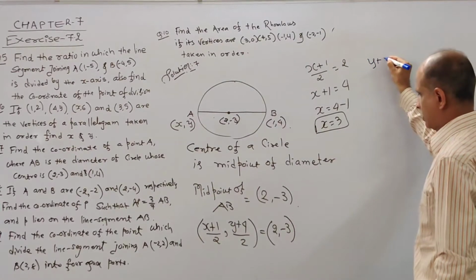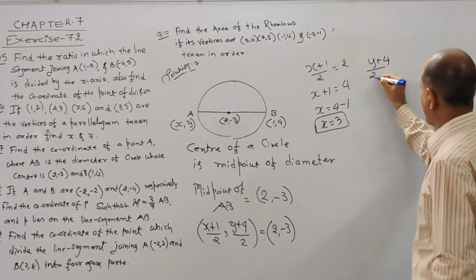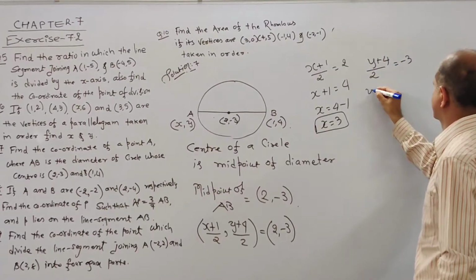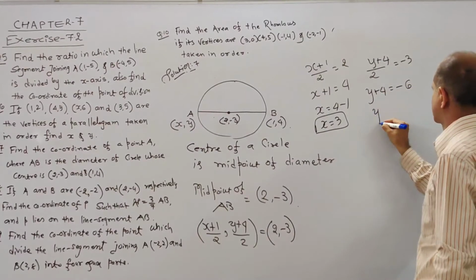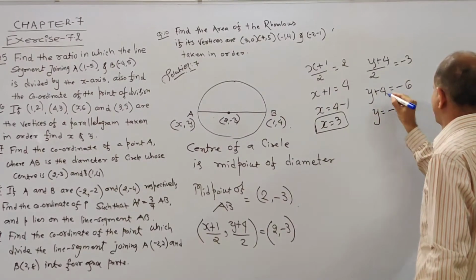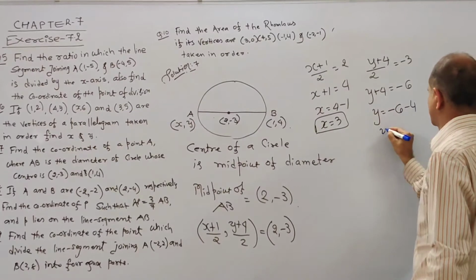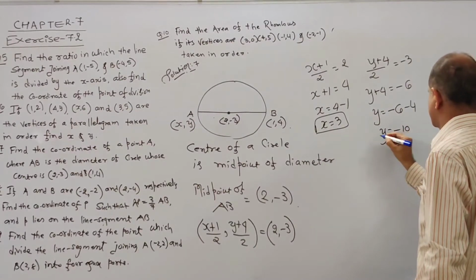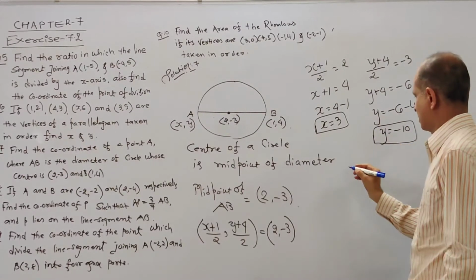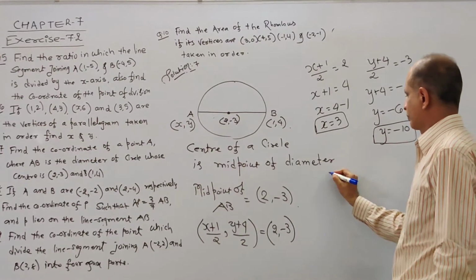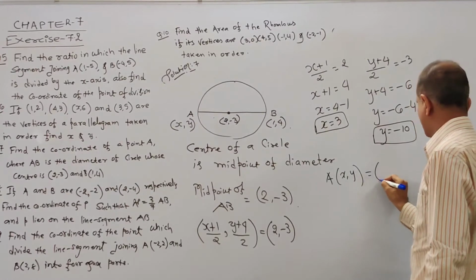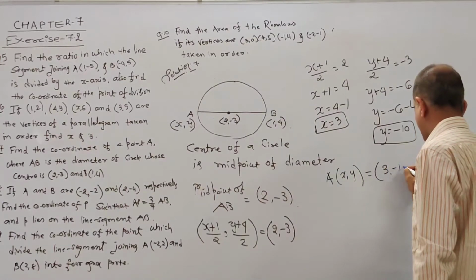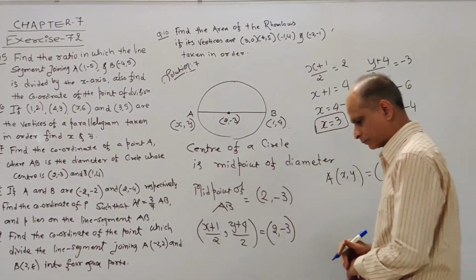So (y + 4)/2 is equal to -3. y + 4 is equal to -6. y is equal to -6 minus 4. Therefore, y is equal to -10. So the coordinate of A, (x, y), is (3, -10).